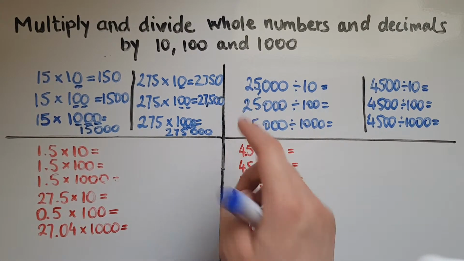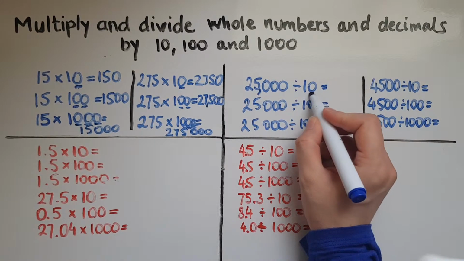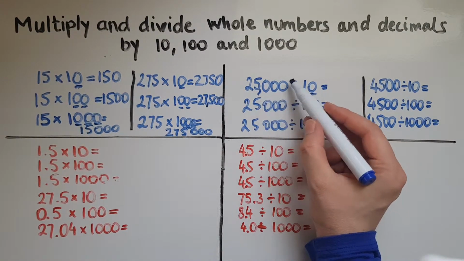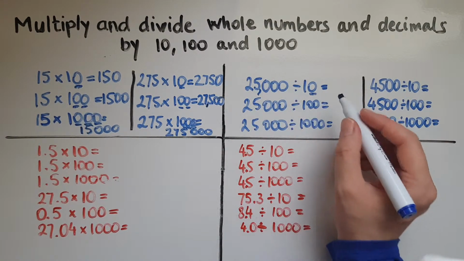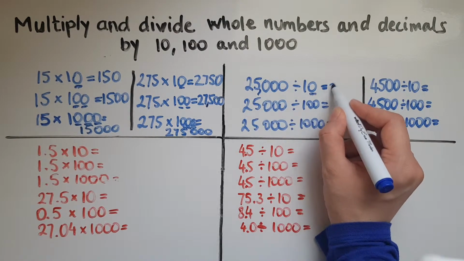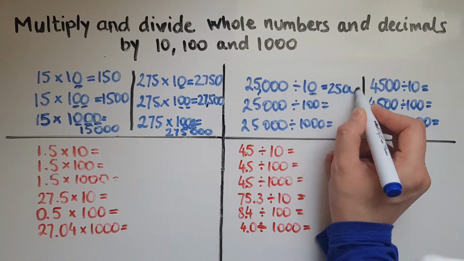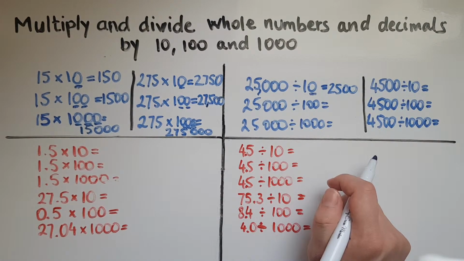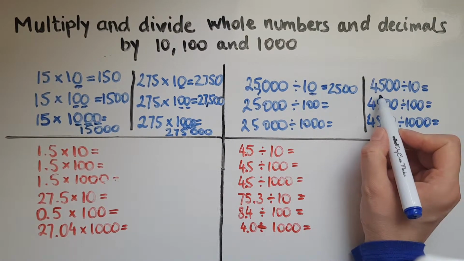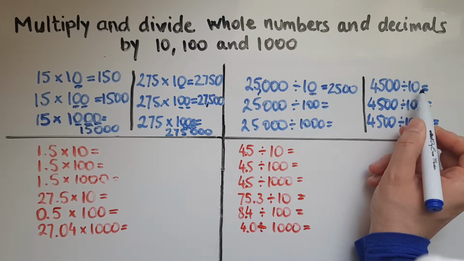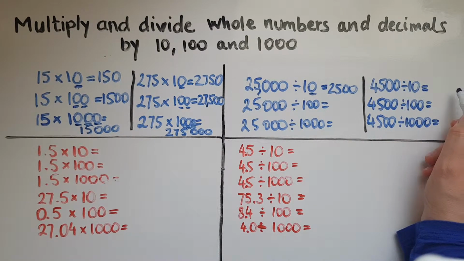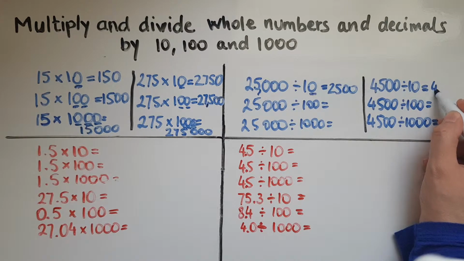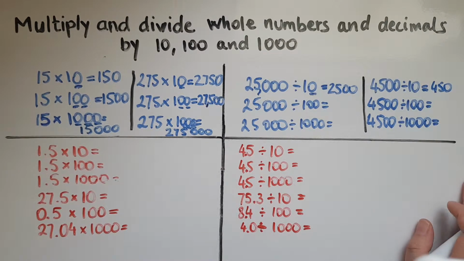So we've got the 10 has 1 zero, so I'm going to knock off only 1 zero of the number. So I'll rewrite this as 2,500. And we've got 4,500 here divided by 10, so knocking off a 0, that gives me 450.